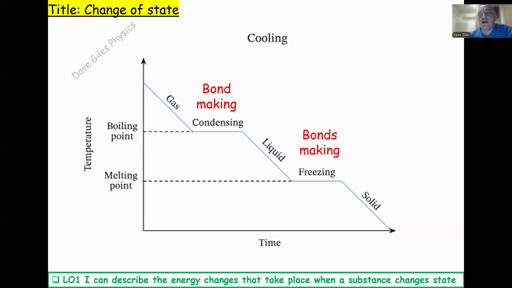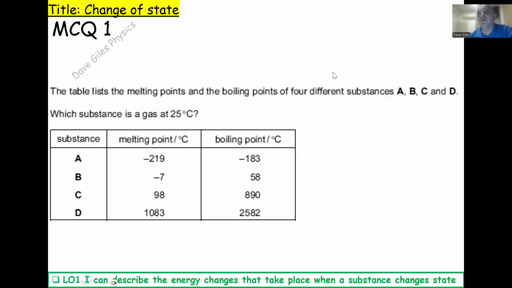Let's have a look at some past paper questions on what we just talked about, from paper 2. The table lists the melting points and the boiling points of 4 different substances, A, B, C, and D. Which substance is a gas at 25 degrees Celsius?